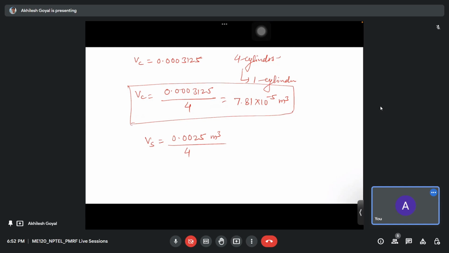And this volume is equal to pi by 4 d square into L. As we know, for a square engine d is equal to L, so we can write L as d. It will be pi by 4 d cube, that is 0.0025 by 4. Further solving it, we get d cube is equal to 0.0025 divided by pi. So who is solving this?